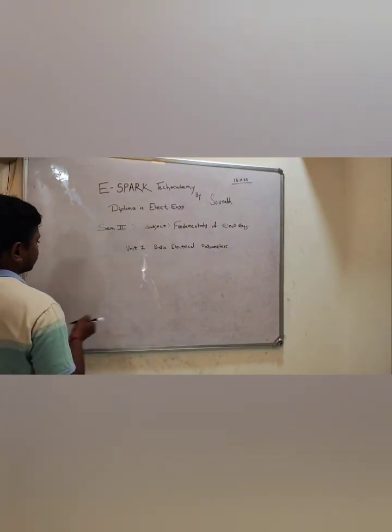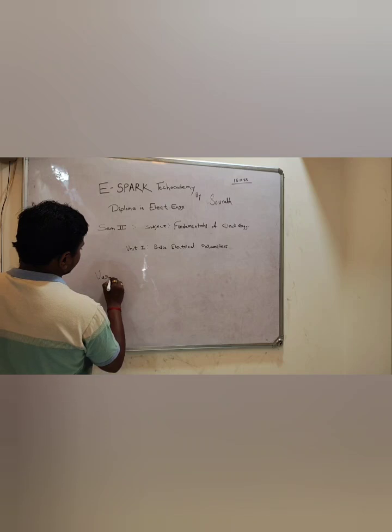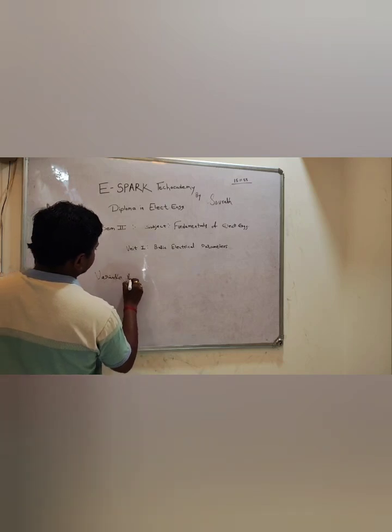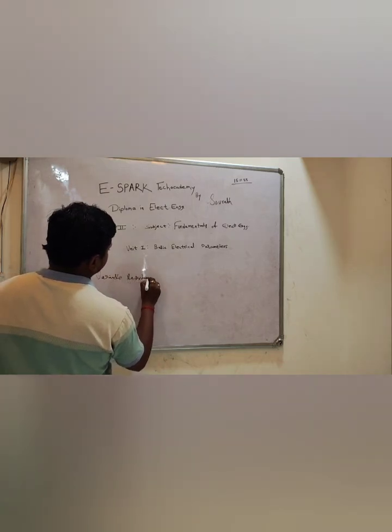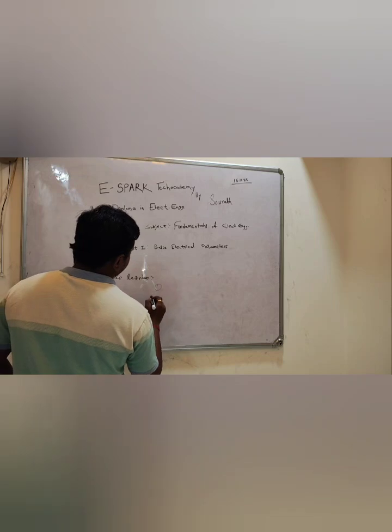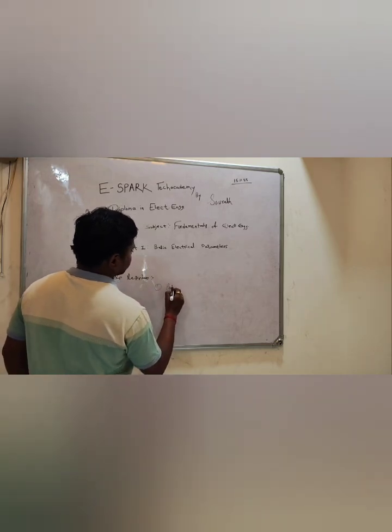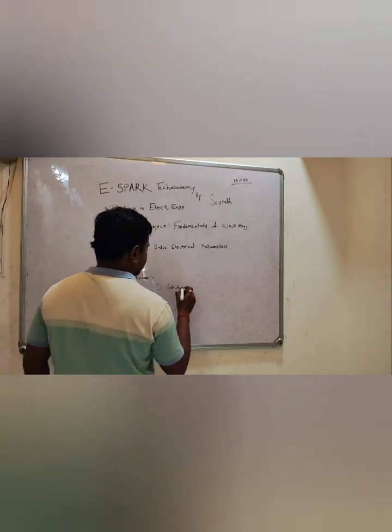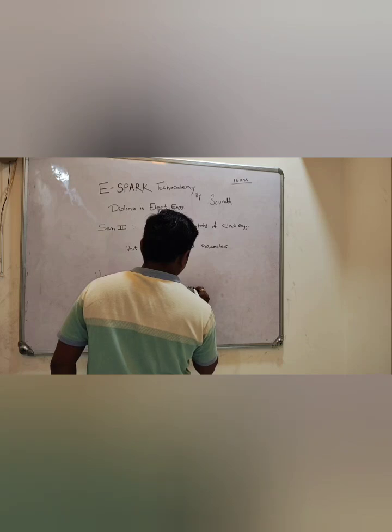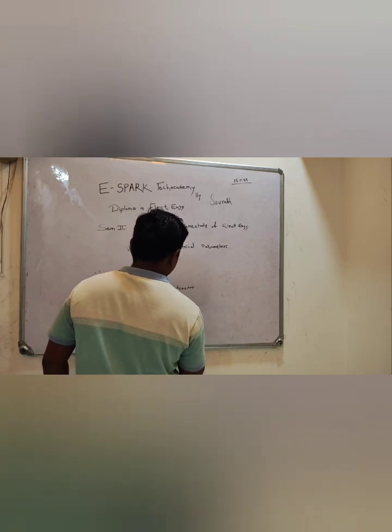Now, variable resistor. Variable resistor is nothing but variable resistance. It is nothing but potentiometer and rheostat.